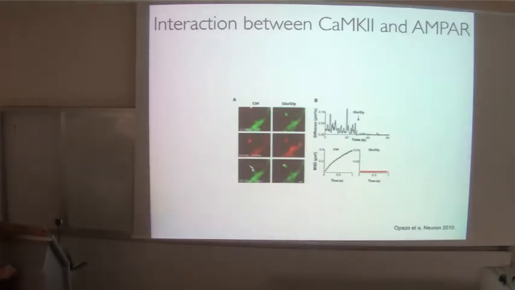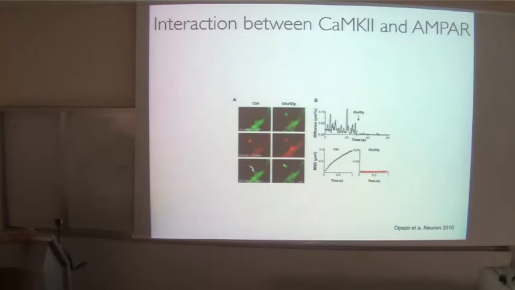But here you image CaMKII in LTP, so you label the CaMKII with GFP, and after the induction of LTP, you see a translocation of CaMKII into the synapse.